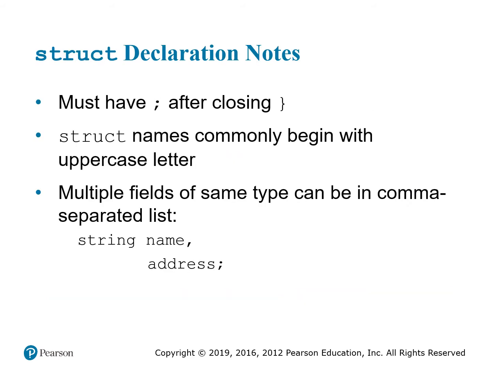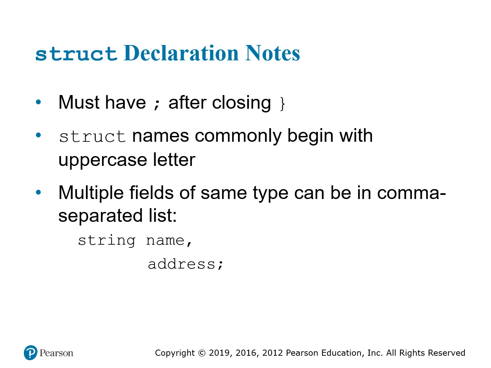Note that you must have a semicolon after the closing brace. This is not a function, this is a type declaration, and in C++ those have to end with a semicolon. Struct names commonly begin with an uppercase letter, but that's just convention. You can use a lowercase letter if you would prefer. And multiple fields of the same type can be in a comma-separated list.